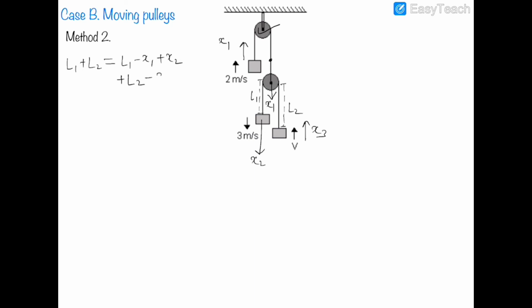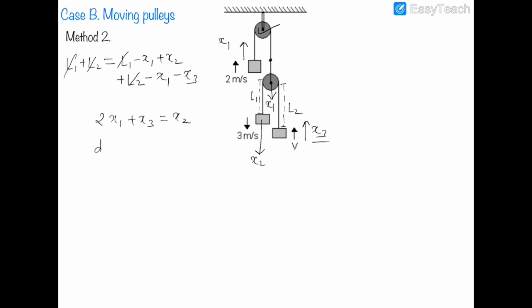So we are subtracting x1, and due to the upward movement of the block by x3, this L2 will also decrease. So minus x3. So cancelling out L1, L2, we get 2x1 plus x3 is equal to x2.